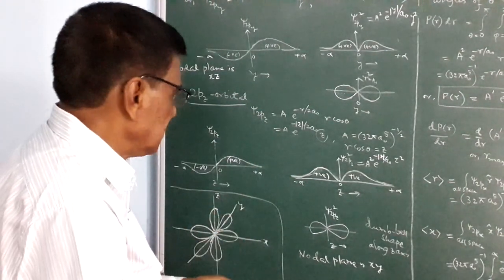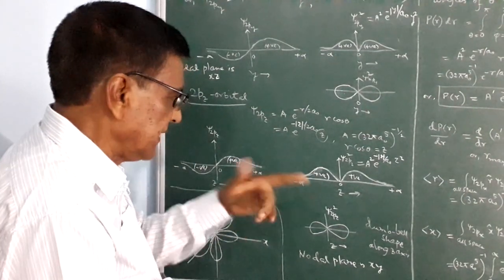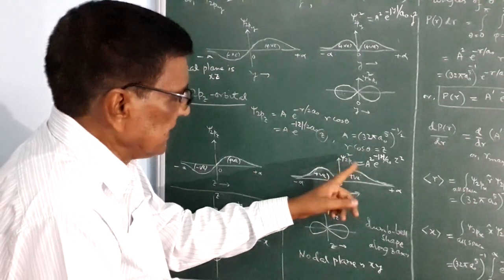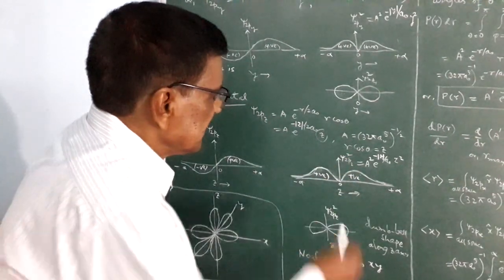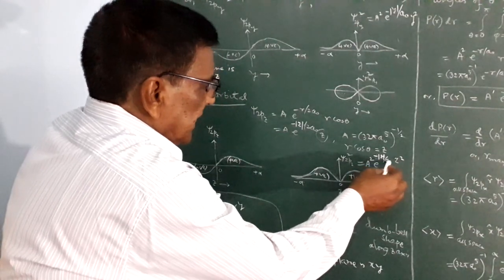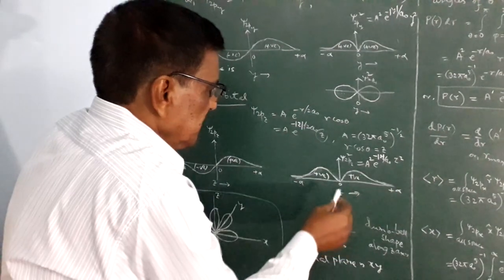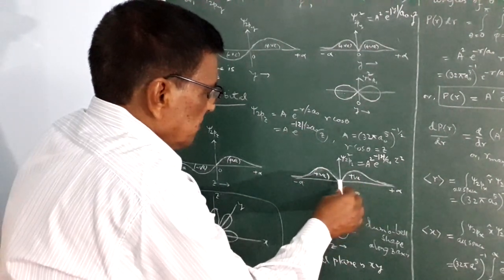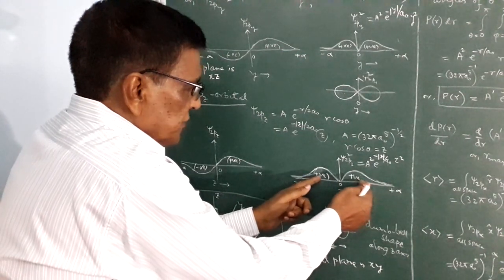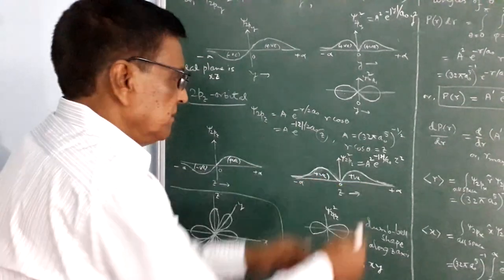It gives a right lobe positive and a left lobe negative, like a dumbbell shape. If we plot psi 2pz square along the z-axis, psi 2pz square equals A square into e to the power minus z by a naught into z square, and z square is always positive, so on both sides, at a definite value of z, the probability density will be the same.